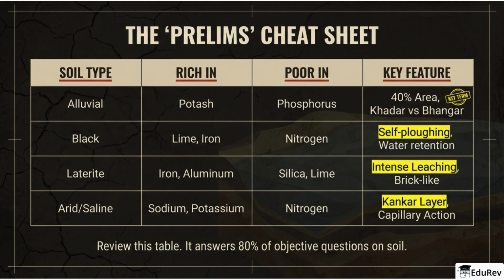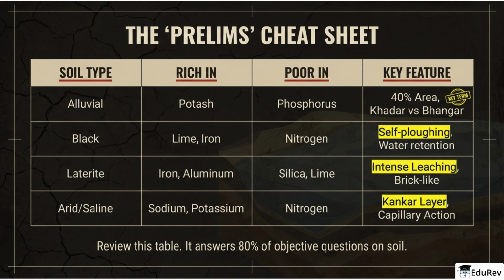Laterite soil. Rich in iron and aluminium, poor in silica and lime, defined by intense leaching and brick-like nature. Arid and saline soils. Rich in sodium and potassium, poor in nitrogen, and identified by the kankar layer and capillary action problem. Review this carefully.